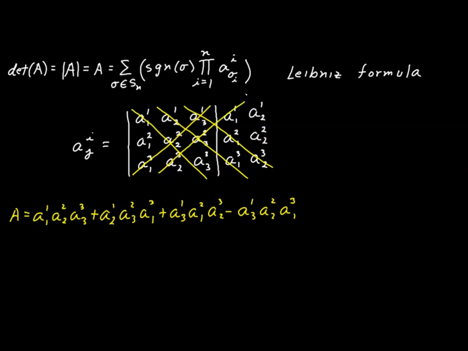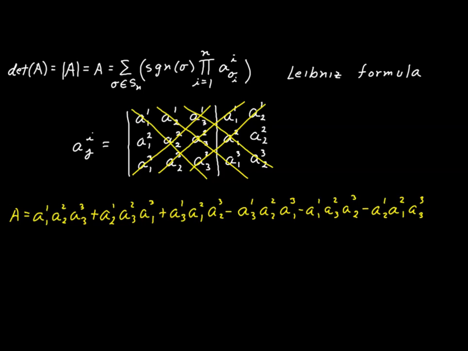So now we'll take this diagonal, negative A11, A23, and A32. And finally, this diagonal, again a negative sign, A12, A21, and A33. Okay, and there we have the determinant of the 3 by 3 matrix.